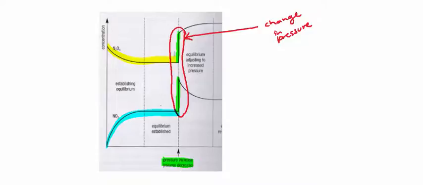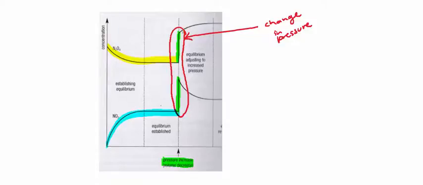We've increased the pressure, which the system is going to want to counteract by decreasing the pressure, and we determined that meant it was going to favour the reverse reaction. So we're going to have the left hand side favoured because it had fewer molecules.